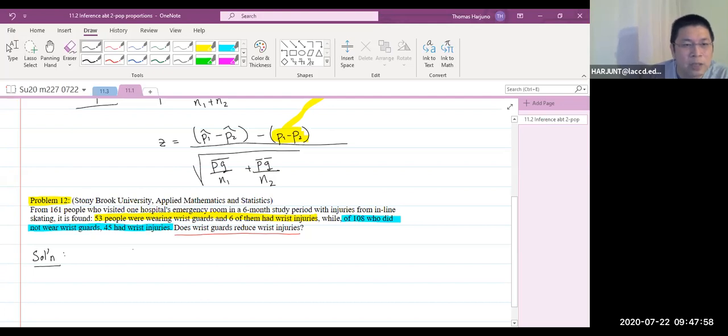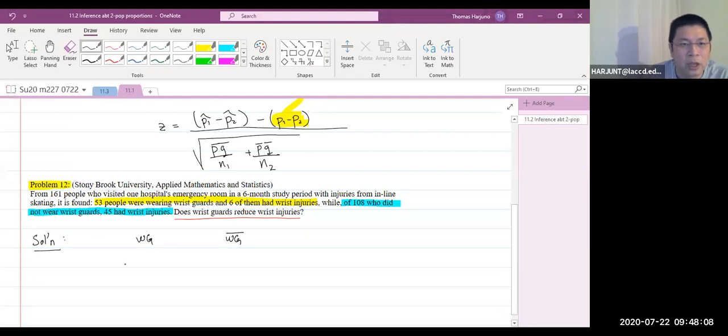Okay, let's do some setup first. We have with wrist guard, you use WG, and without wrist guard, with a bar here. Okay, N1 is 53, and the number injured is 6, while N2 is 108. The number injured is 45 without wrist guard.